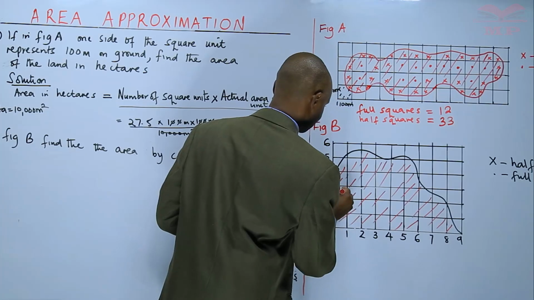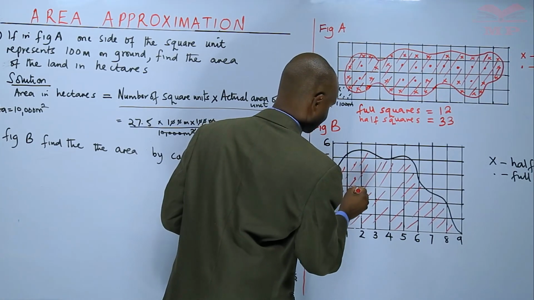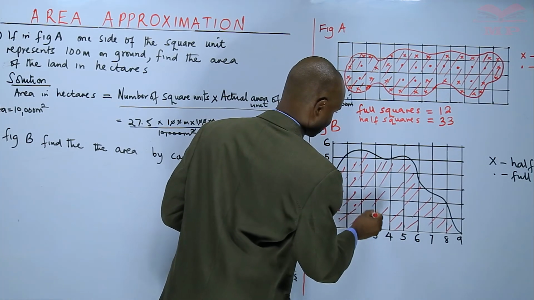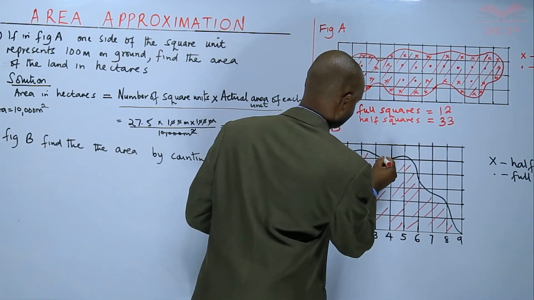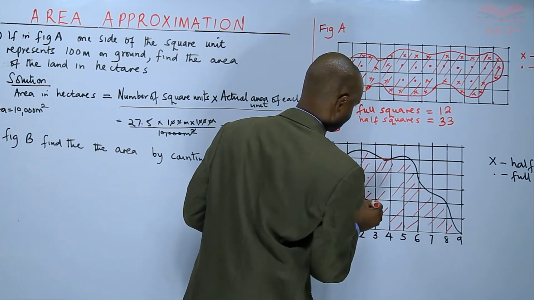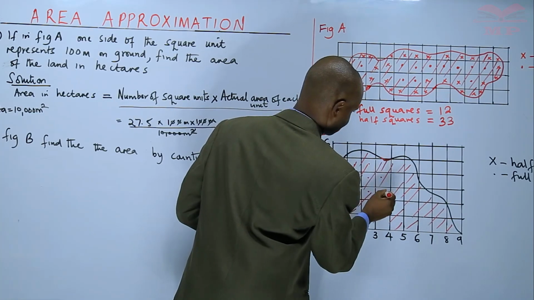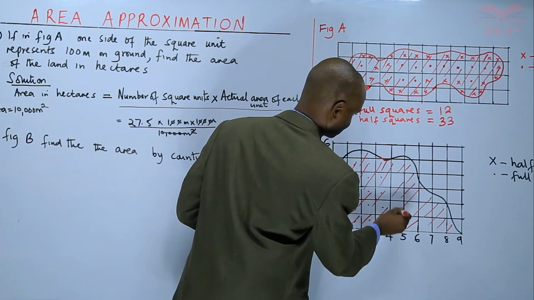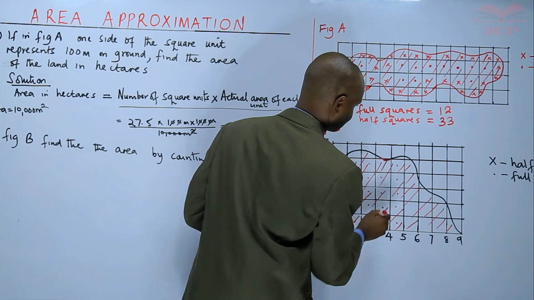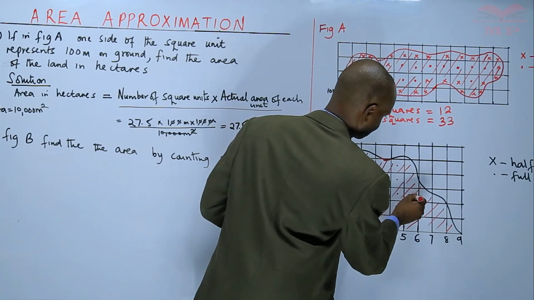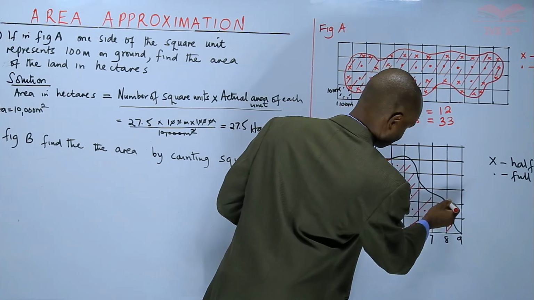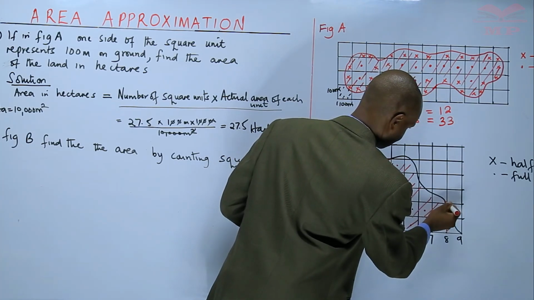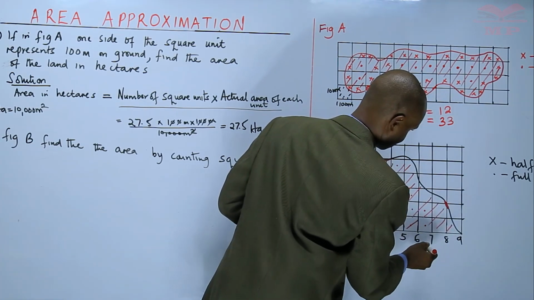1, 2, 3, 4, 5, 6, 8, 9, 10, 11, 12, 13, 14. 14, this is a half square. 14, 15, 16, up to 28, and 29.